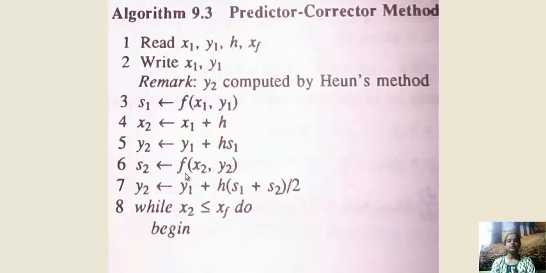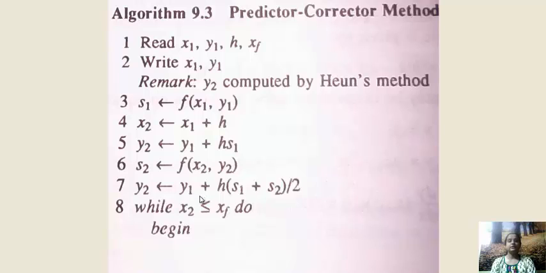Now since we computed y2 by Euler's method, we will correct this y2 by the predictor corrector formula. So after computing y2 predicted and s2, we will compute y2 corrected. y2 corrected is y1 plus h times (s1 plus s2) divided by 2. This is the predictor corrector formula. What is the predictor corrector formula?